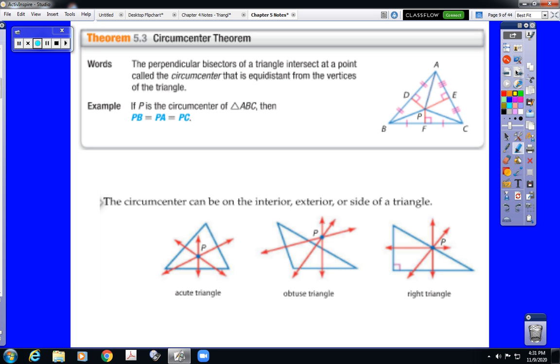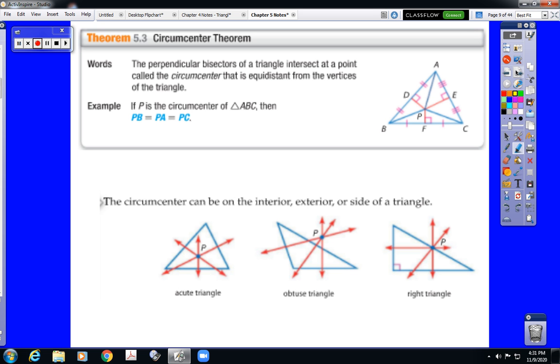Those three come together at point P. Now what they've done is they've drawn in those distances from P to each vertex, PA, PB, and PC. All three of those distances are equal.